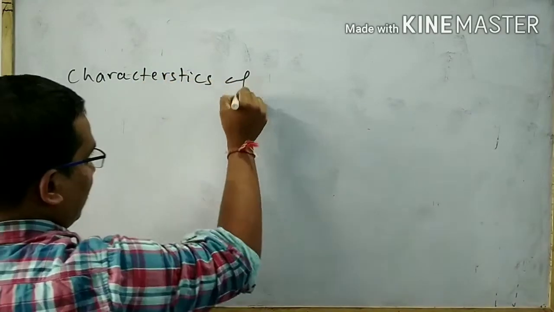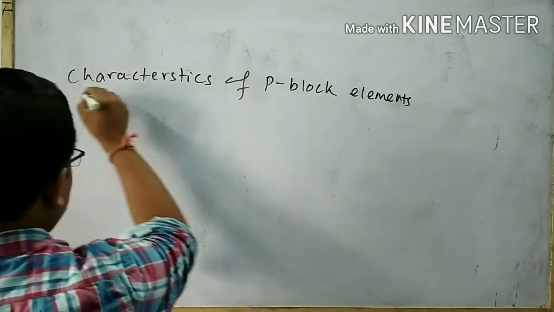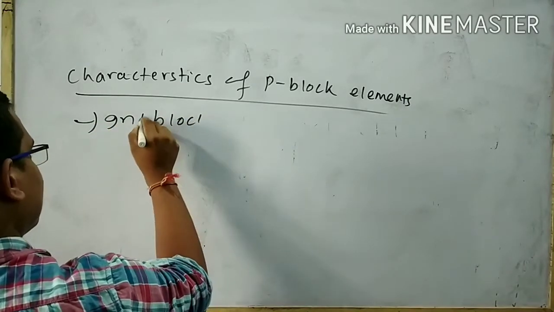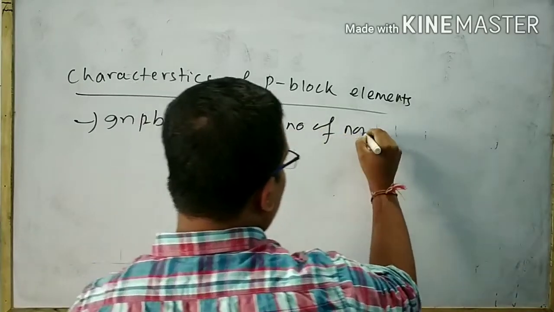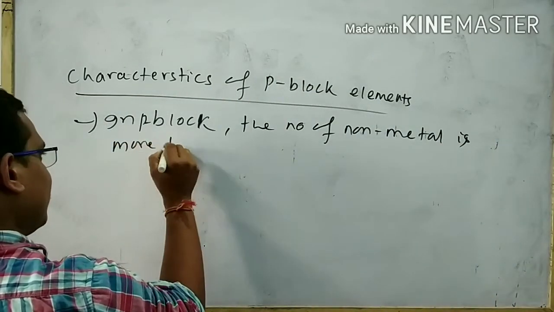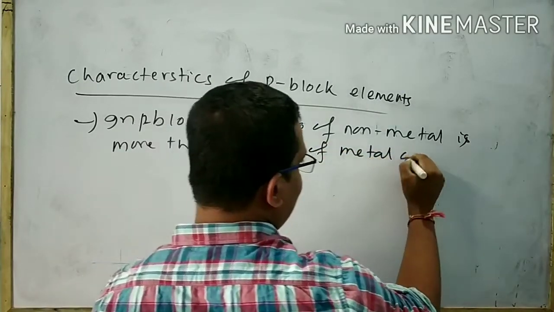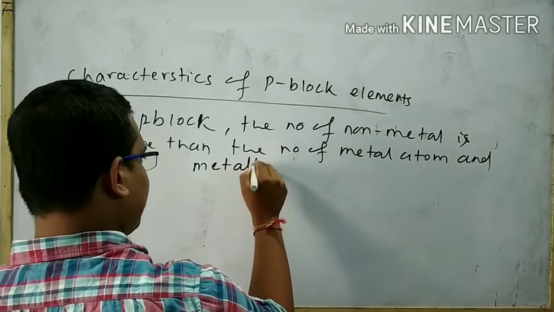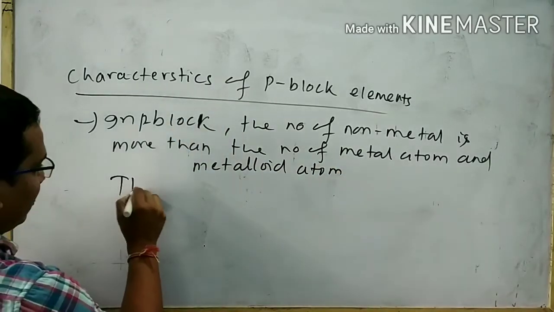Now I will discuss the characteristics of p block elements. In the p block, the number of non-metal atoms is more than the number of metal atoms and metalloid atoms.